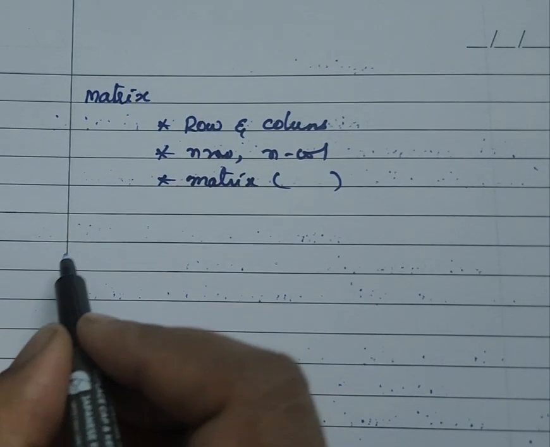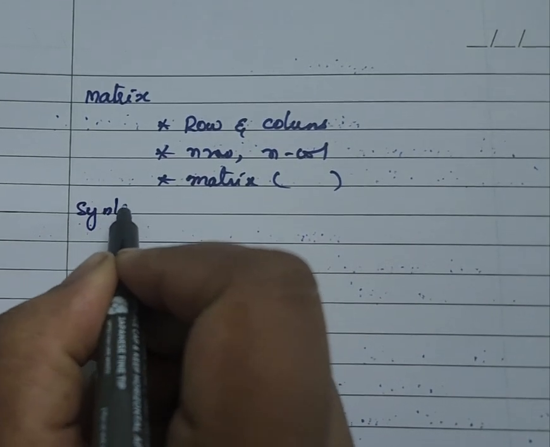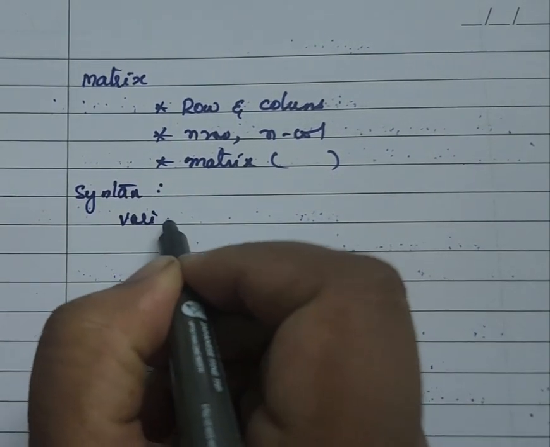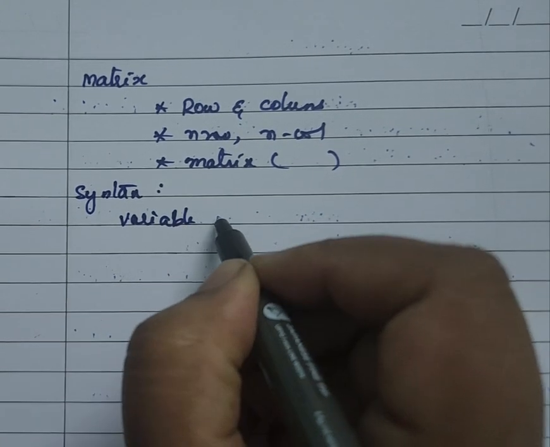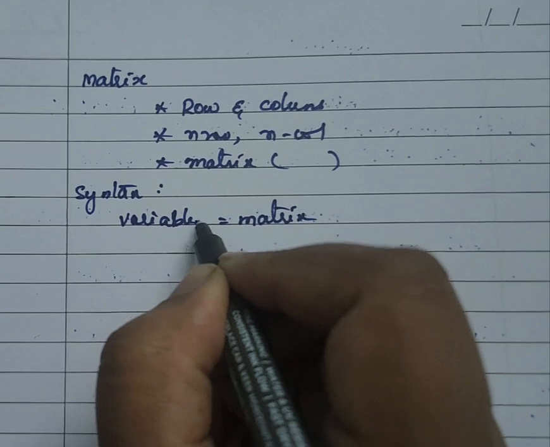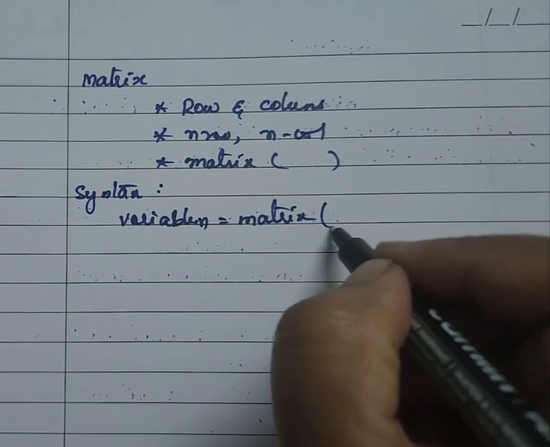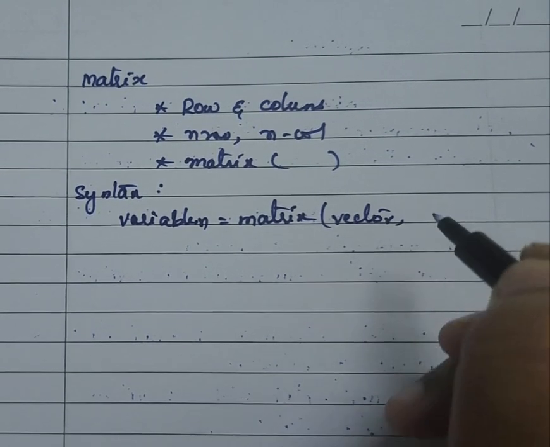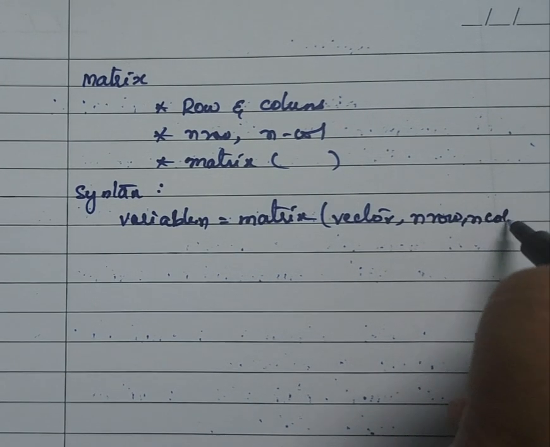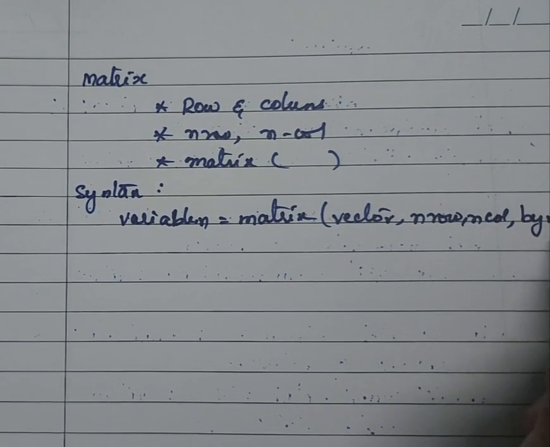The syntax for matrix is variable name equal to matrix of vector, n rows, n columns, by row.